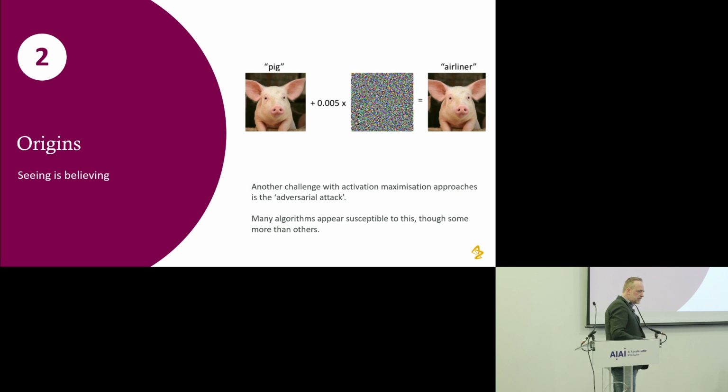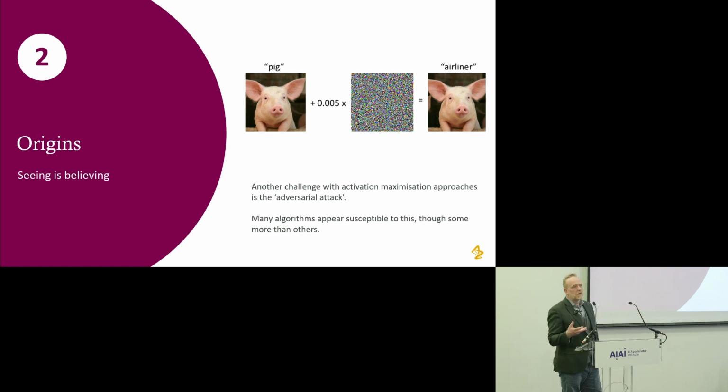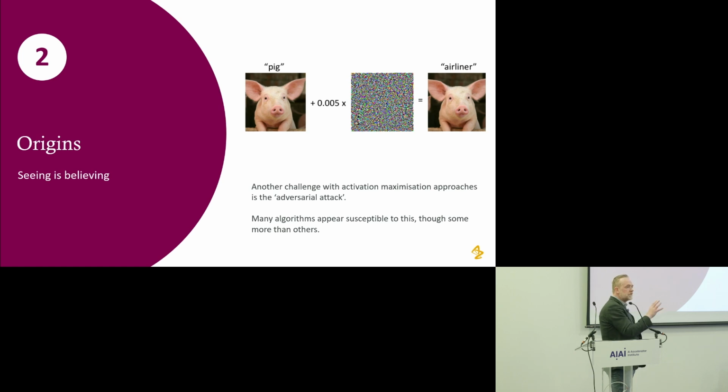I'd say the next step along the path towards counterfactual rendering is adversarial attacks. I think many of you will have heard of that as well, where essentially you try to alter the image very slightly in order to make a classification change. So take a picture of a pig: how do you alter it very, very slightly, as imperceptibly as possible, and then convince a classifier that got it right the first time that actually now it's an airliner.